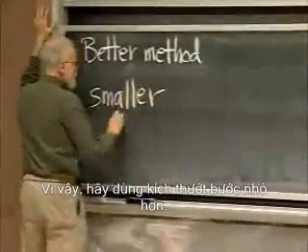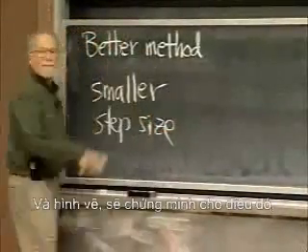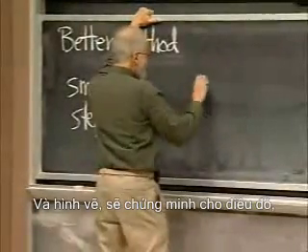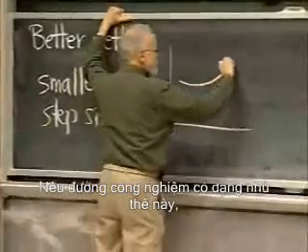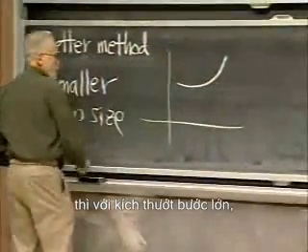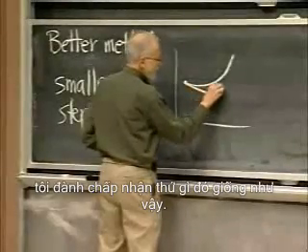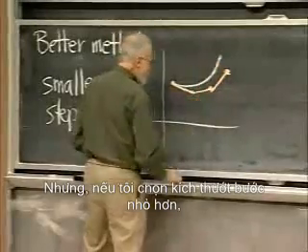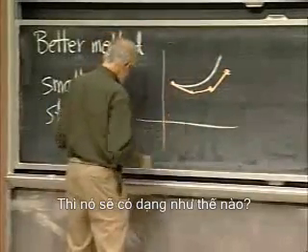So use a smaller step size. And the picture roughly which is going to justify that will look like this. If the solution curve looks like this, then with a big step size, I'm liable to have something that looks like that. But if I take a smaller step size, how is it going to look then?